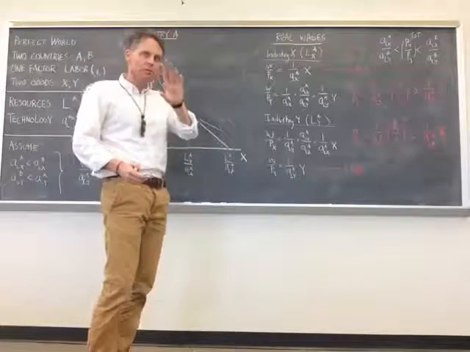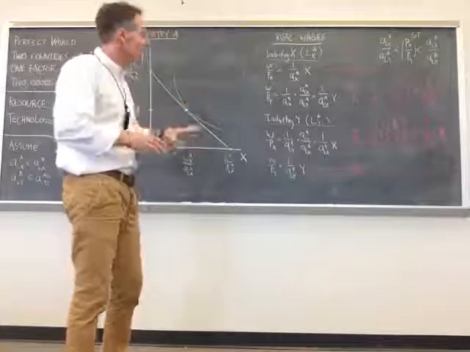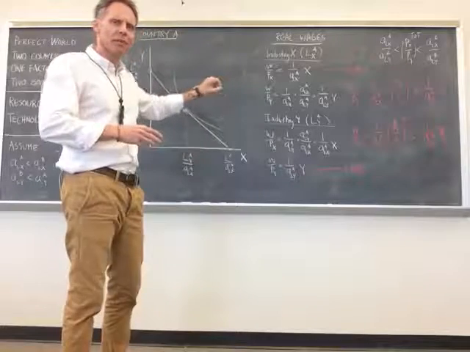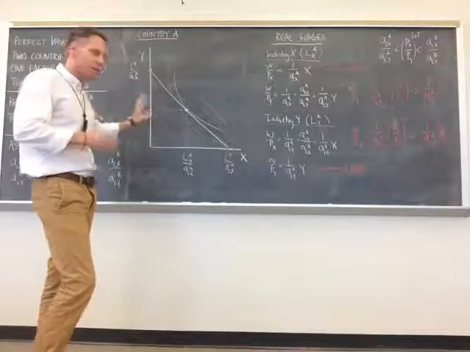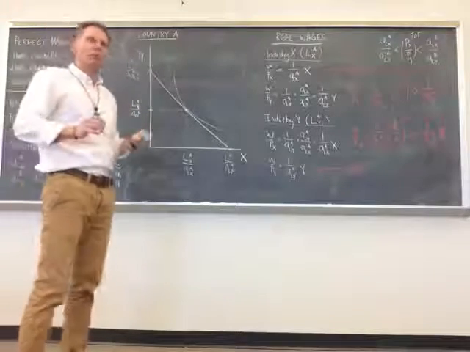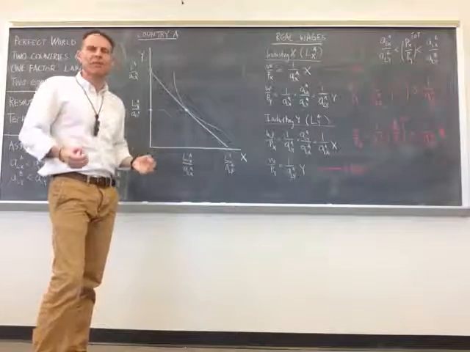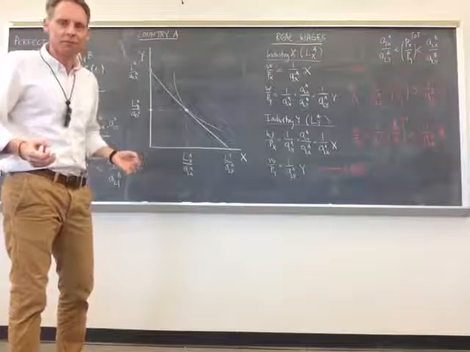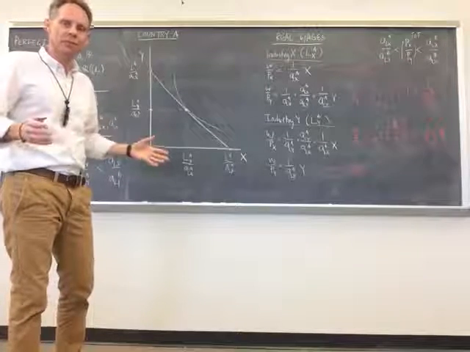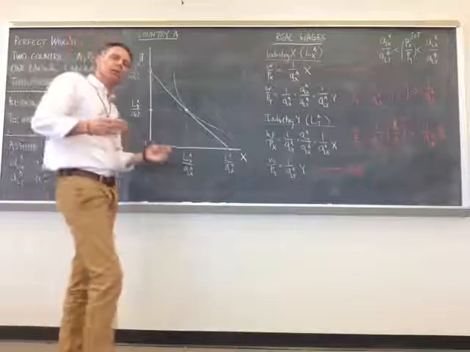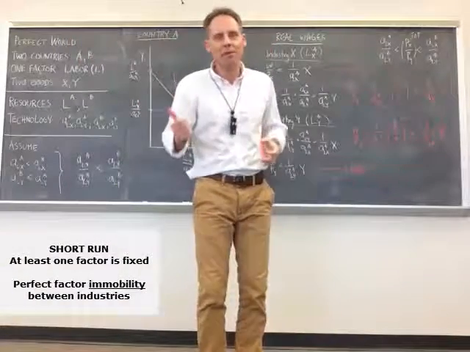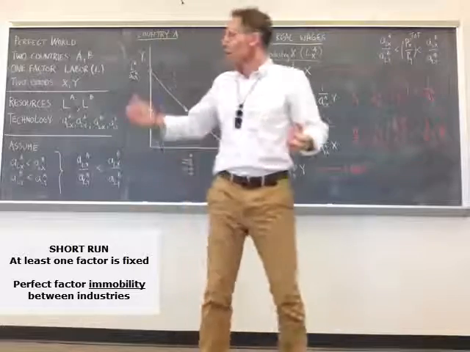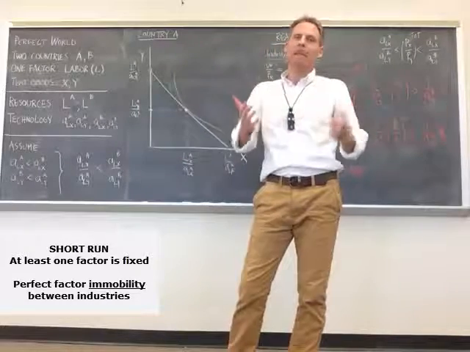All right, before I explore that a little bit more carefully, let's go back to the entire country. If you look at the country, and again, I'm assuming what's called perfect factor immobility, that is, no worker has moved yet. So what we're doing here is we're looking at the short run. The short run is defined as there is at least one factor that is fixed. And of course, we only have one factor, so our labor is fixed.